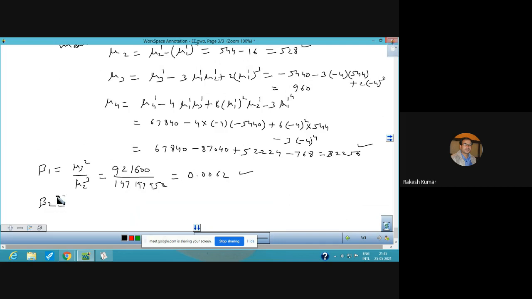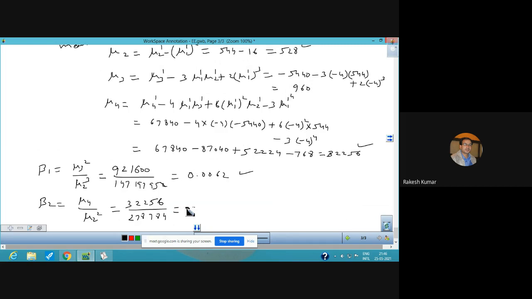And similarly, you can also calculate the coefficient of kurtosis, that is mu 4 divided by mu 2 square. So you can also use the formula. So that is 32256 divided by mu 2 square, and your mu 2 is 528 into 528, that is 278784.